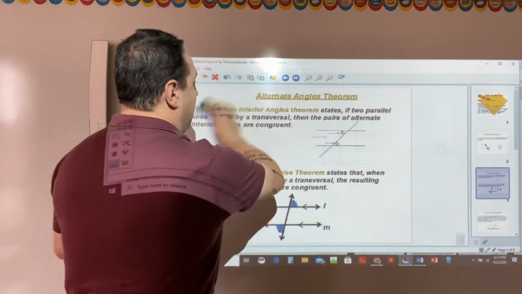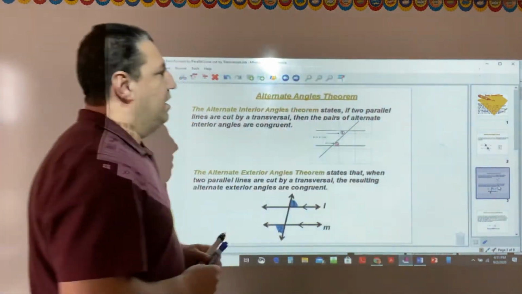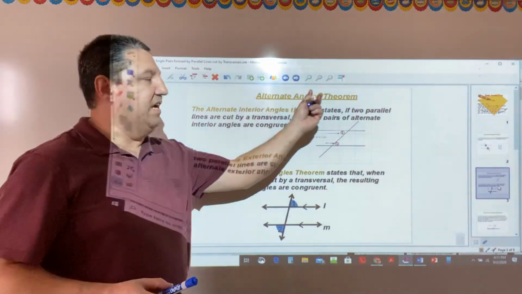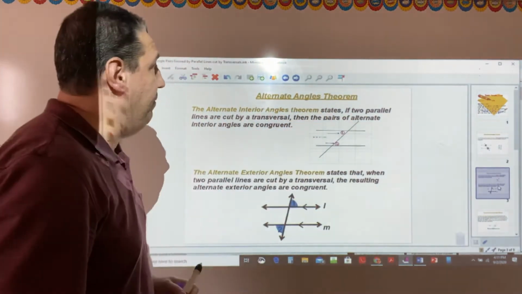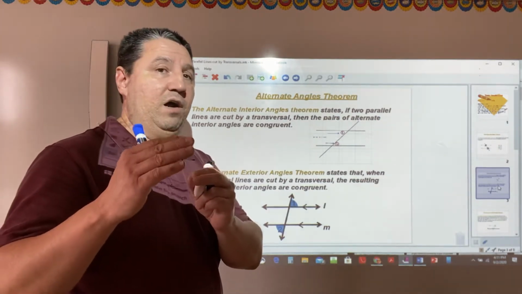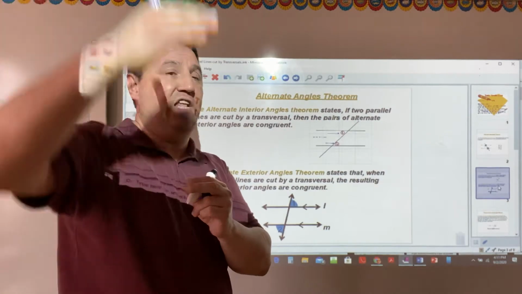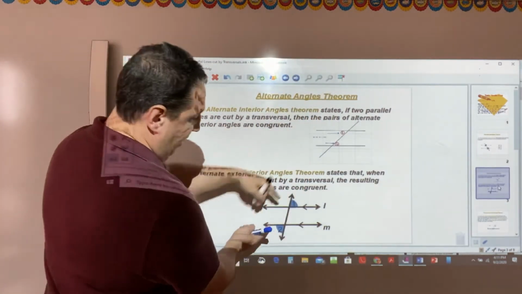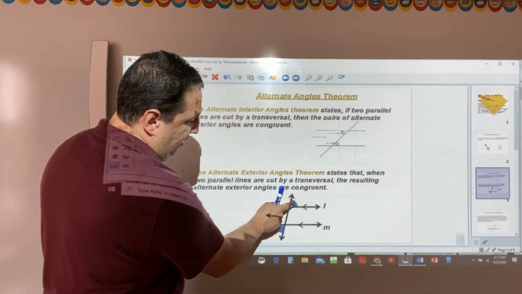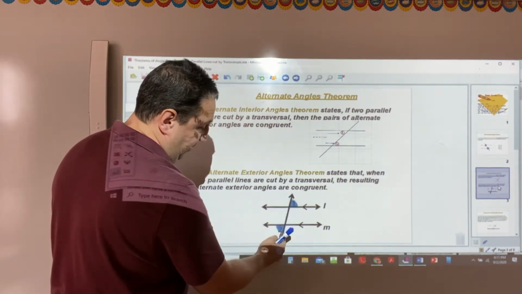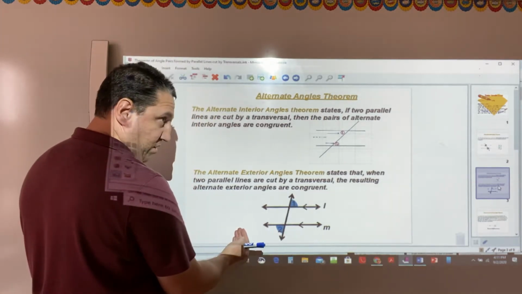Another important theorem refers to alternate angles. As we know, alternate angles are angles that are located on opposite sides of the transversal, like here. One is on the right side of the transversal, and two is on the left side.